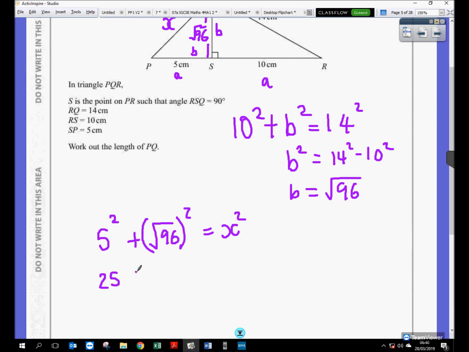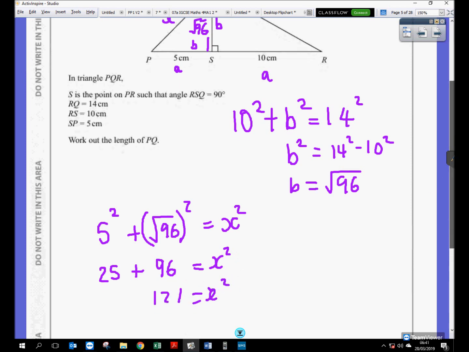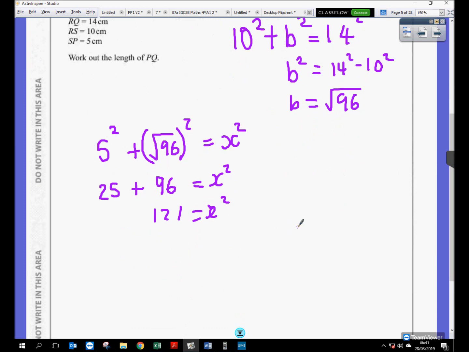This is 25, and when you square and square root, they're opposites of each other, so we end up with 96 there. It's equal to x squared. So 121 is x squared. And then x is equal to the square root of 121, which is 11.